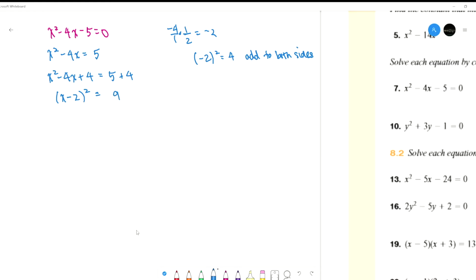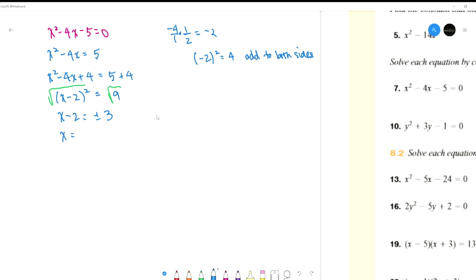Now we can take the square root of both sides. So we square root both sides, and in doing so, we get x minus 2 is equal to plus or minus radical 9, which is 3. And then lastly, we have to add 2. Now, we get two solutions.